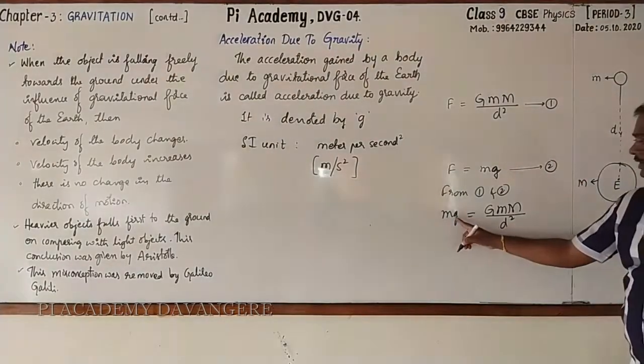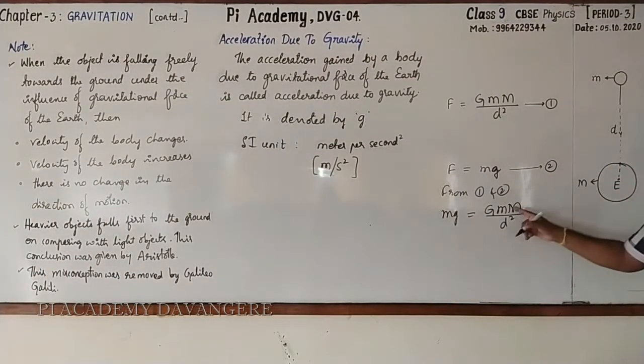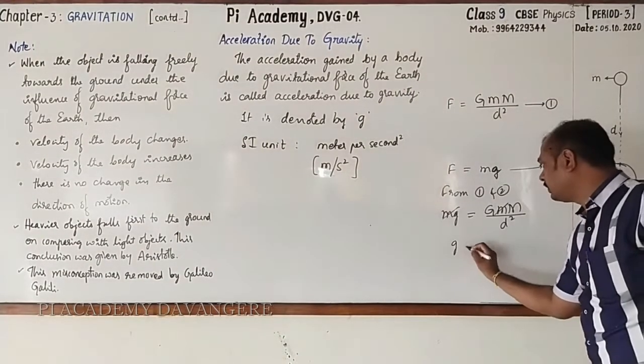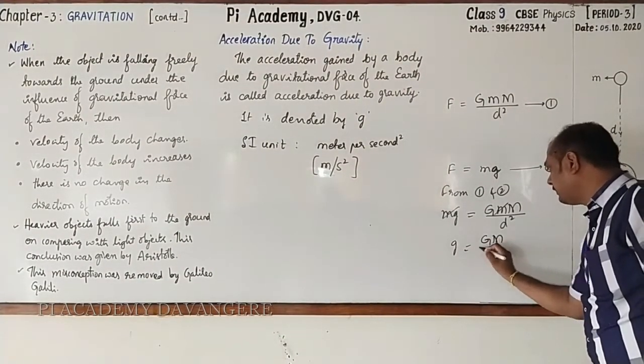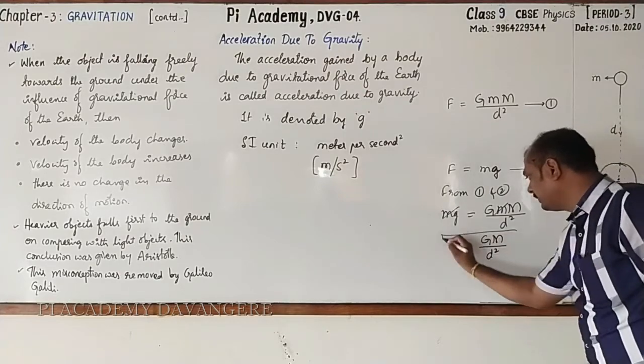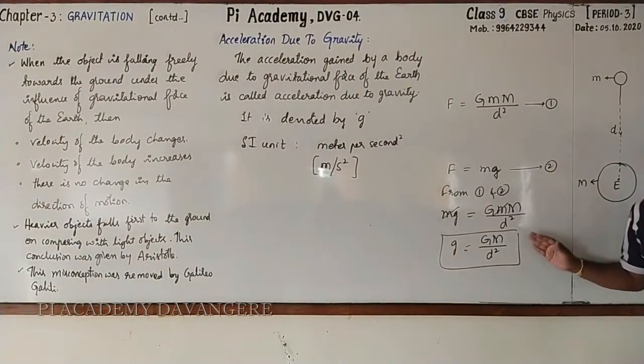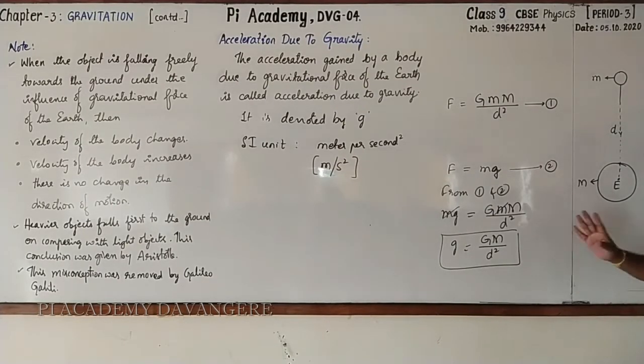See that m is the mass of the object, so we can cancel m and m. Now g = G M / d². So this is the formula used to find acceleration due to gravity. Understood? Okay.